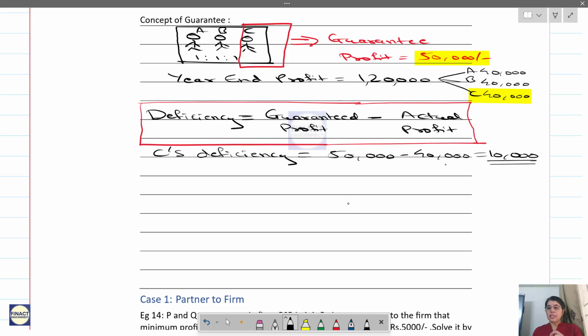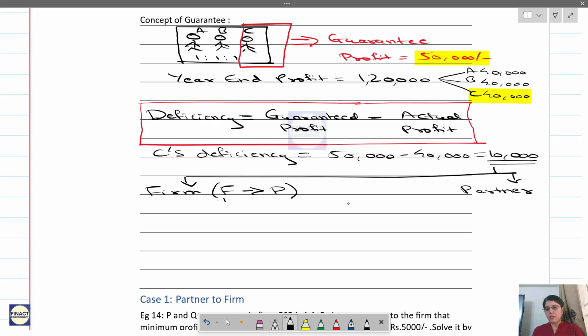Correct. Now for C's deficiency, there are two options. This deficiency can be guaranteed by the firm or it can be guaranteed by some other partner. If the firm is guaranteeing this deficiency to the partner, then the firm will pay this amount of deficiency to the partner.